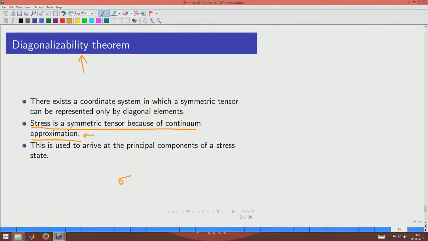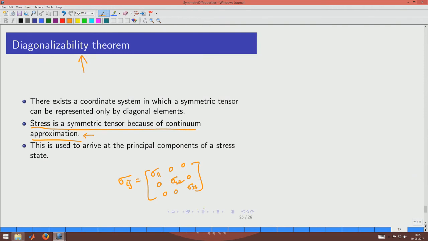So, sigma ij, if it has all kinds of elements, then you could choose the so called principal axes in which you have this kind of a form. The axes in which the symmetric tensor is visible as a diagonal matrix are called principal axes, and of course, the elements sitting in such a matrix are called principal stresses or principal components.